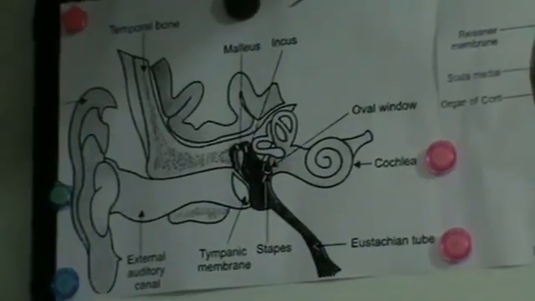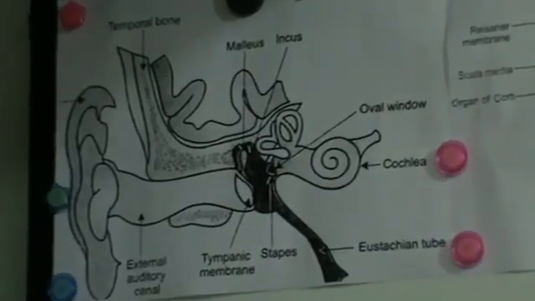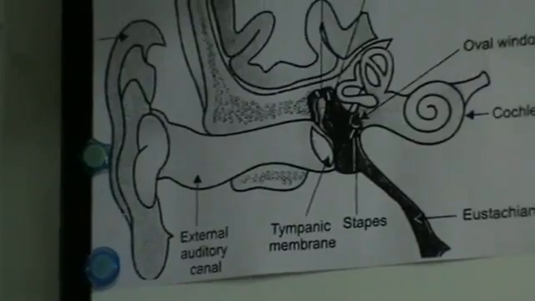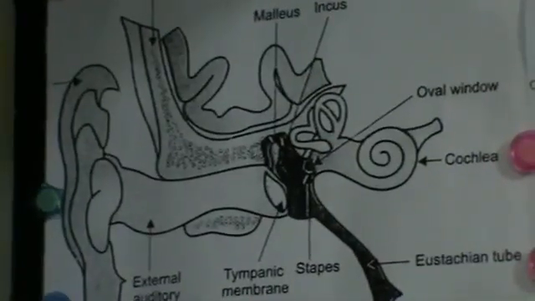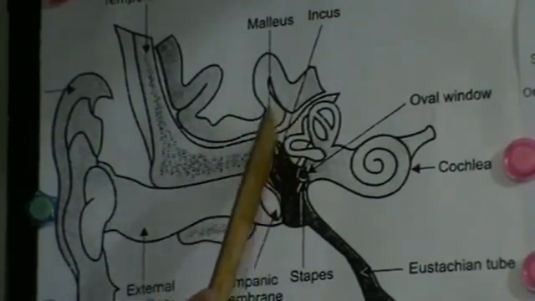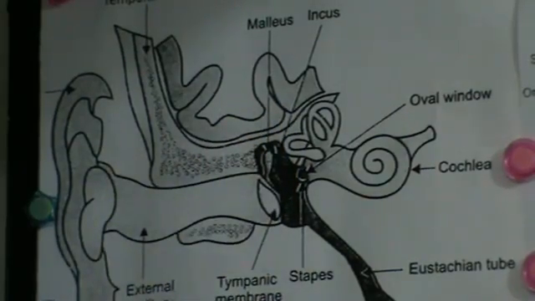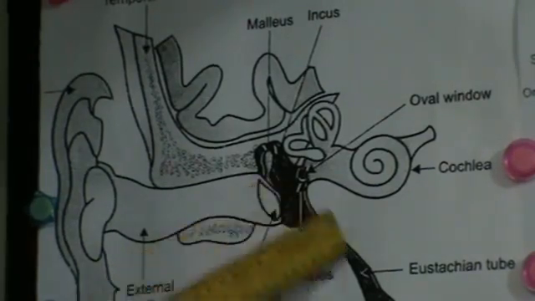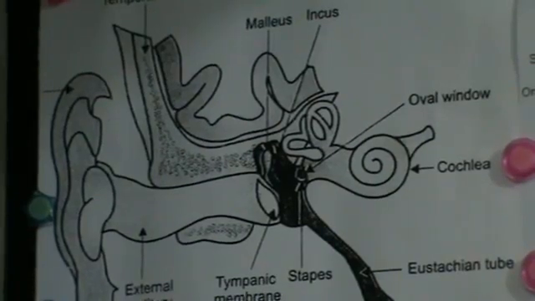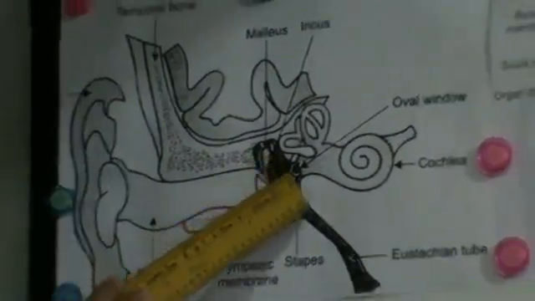The middle ear is an air-filled cavity, also called the tympanic cavity, in the cranial bone. The eustachian tube starts from the middle ear and communicates with the pharynx.